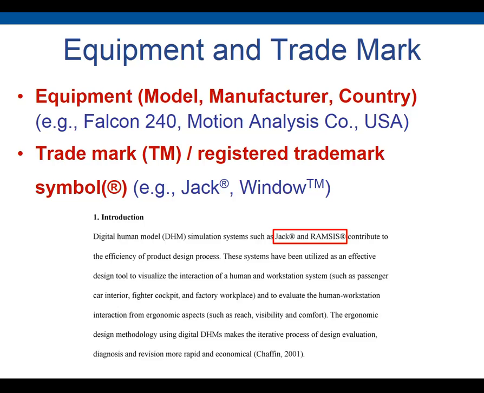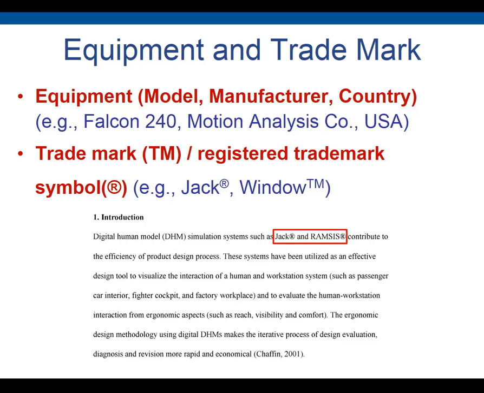Why do we put the model number and manufacturer information? Because when you write something, you have to give more information to the audience. That's why the audience can follow your protocol.